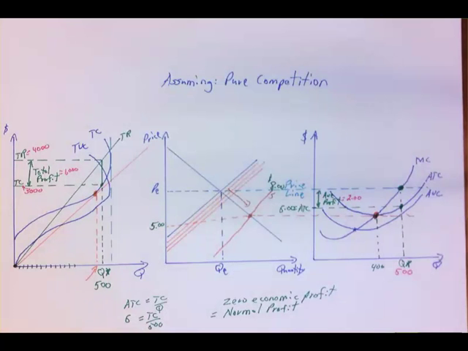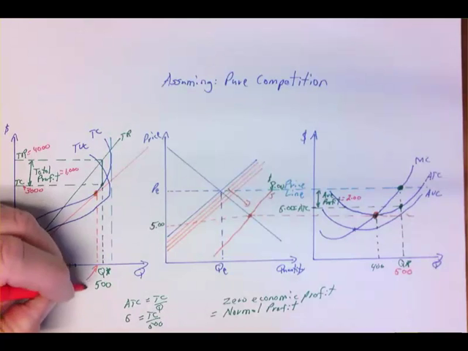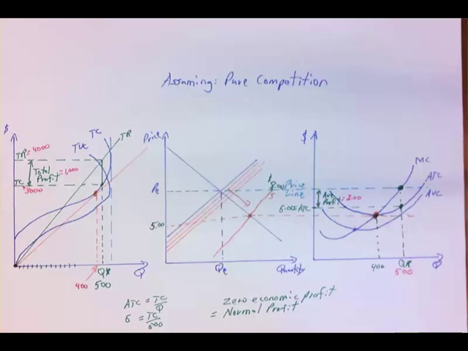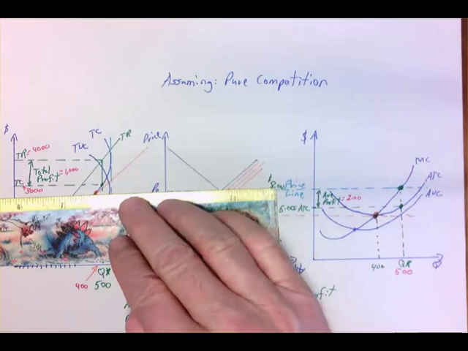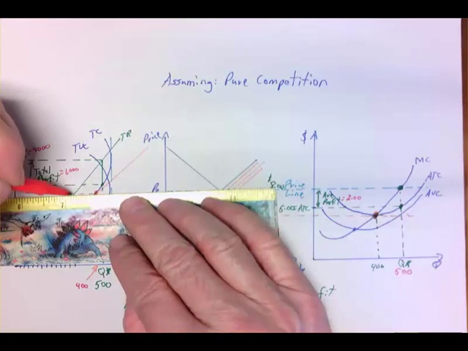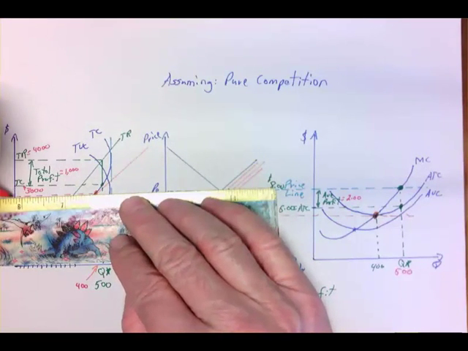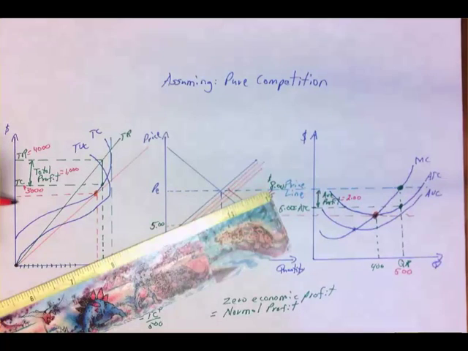So in this picture over here it was 400, so it must be 400 here. Okay, now what about total revenue and total cost? Well, they intersect here, so they're the same right there. So right there, total revenue is equal to total cost.